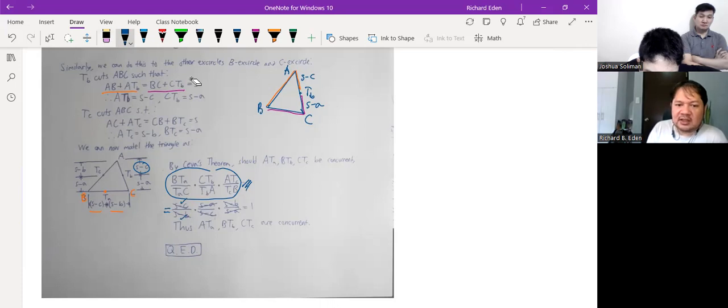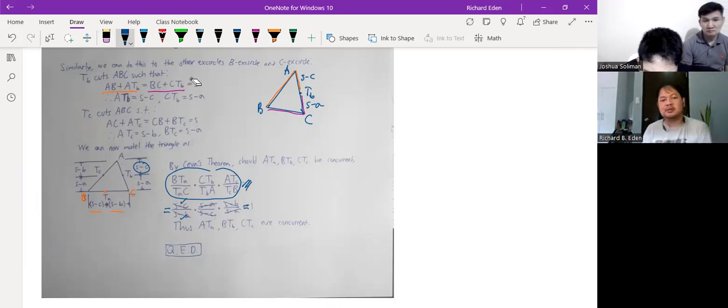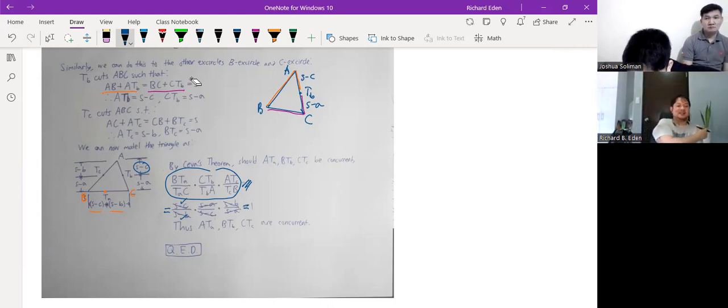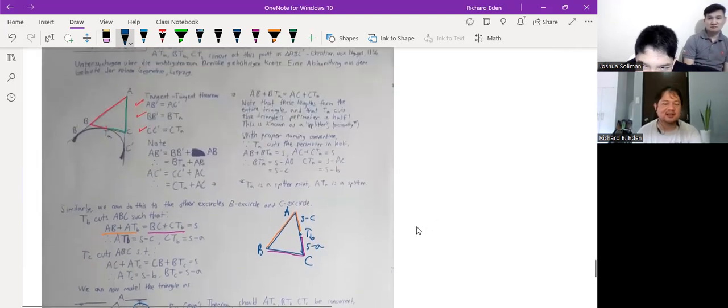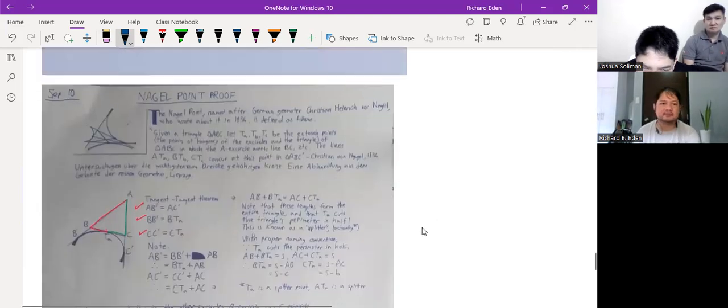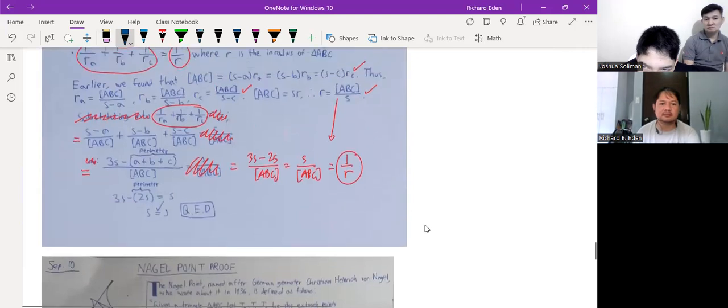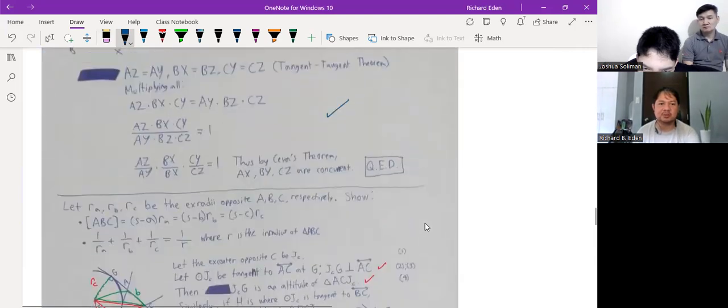It turns out that the product of the ratios is equal to 1, and that's how we conclude that A T sub A, B T sub B, and C T sub C are concurrent. So this is the Nagel point.